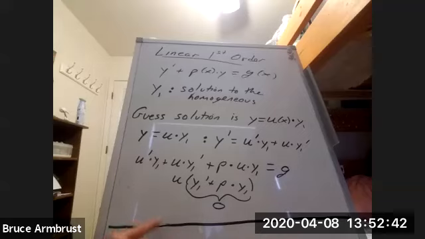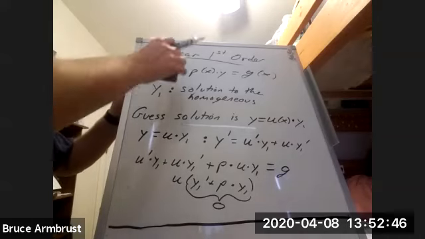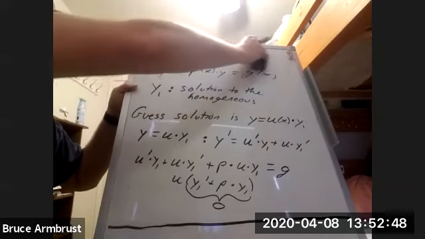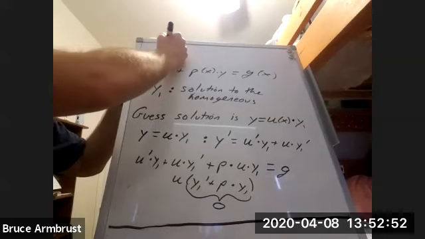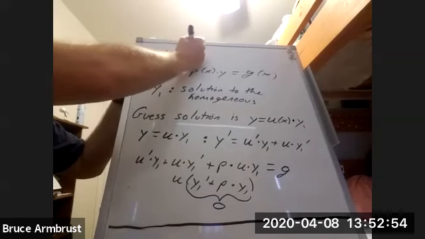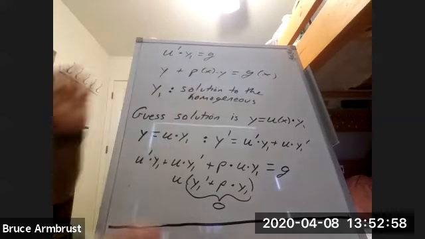And what we're left with, and I apologize that I don't have more space, but what we're left with, if we look at that, let me just bring this up top here. We're going to get u prime times y1 is equal to g.